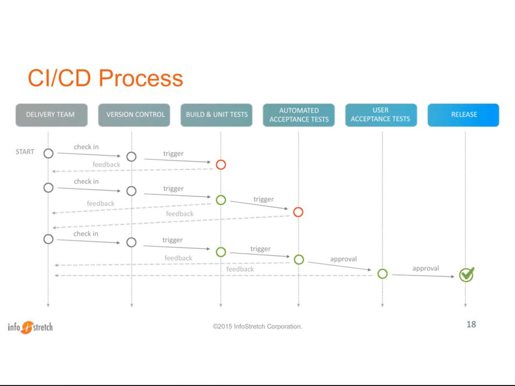So I will create those build automation and unit tests, and say in that first step itself I fail to create a build or it fails to pass even the unit test, then it gives my engineering team feedback right away that it's not passing this initial criteria of build and unit test.